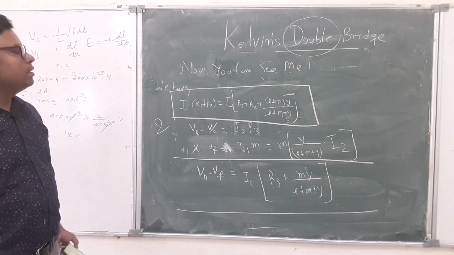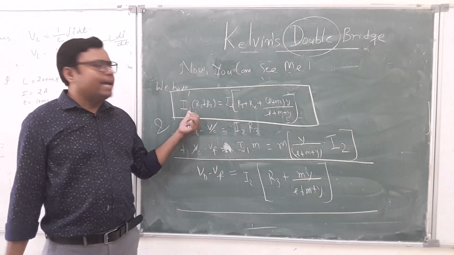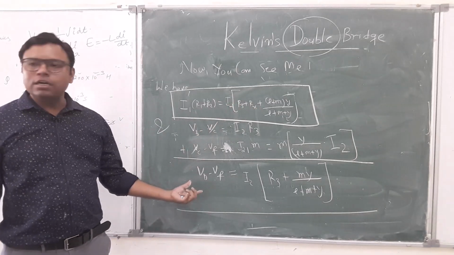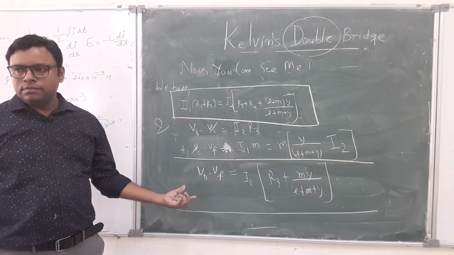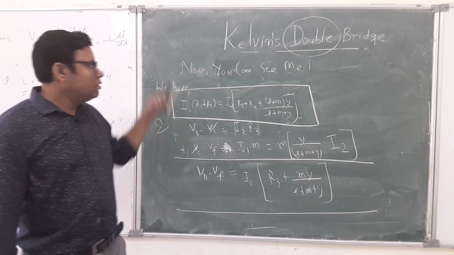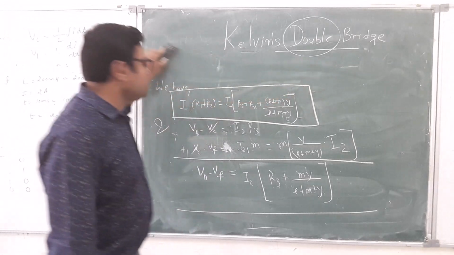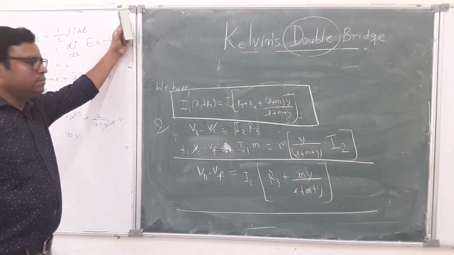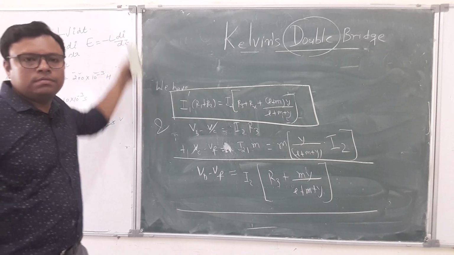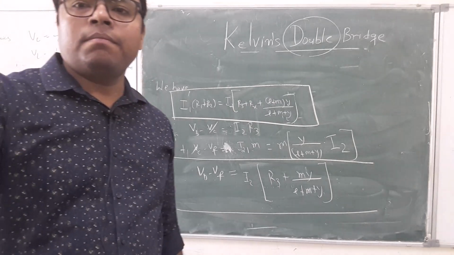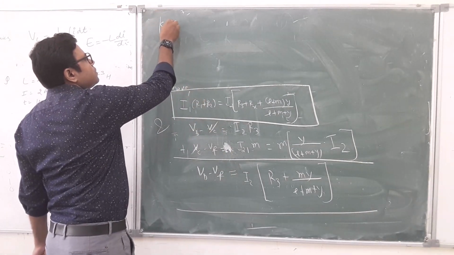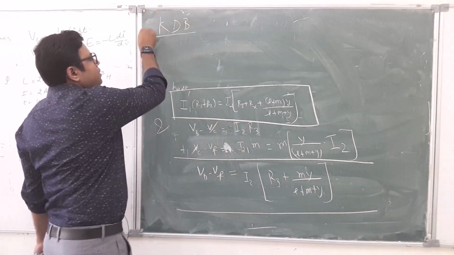Fine. So if I replace I1 and I2, because I have got I2, so what will be the, let me write here Kelvin's double bridge.